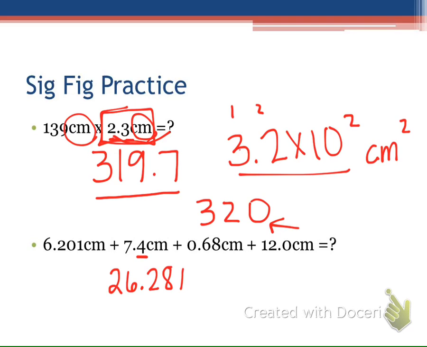We've got 1 decimal place here and 1 decimal place here. So our final answer is only allowed to have 1 decimal place, which means our final answer should be 26.3. Good. That 8 rounds the 2 up to a 3. And our units are just centimeters since we added, not subtracted.